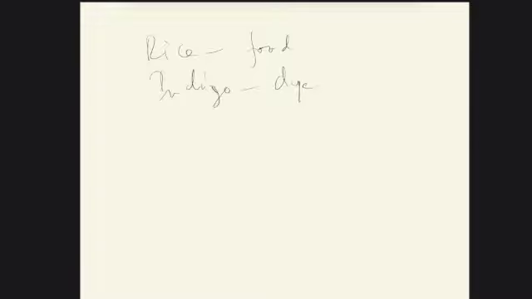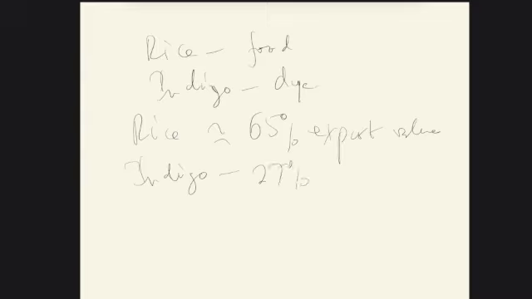Indigo was valuable because people wore it. So rice, 65% of export value. Indigo, about 27% of export value.